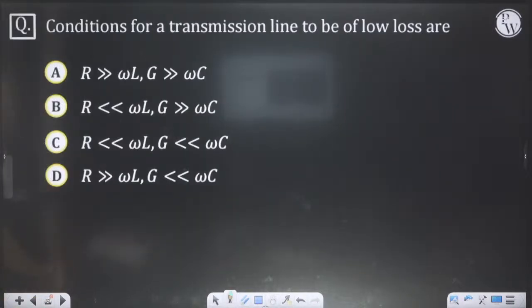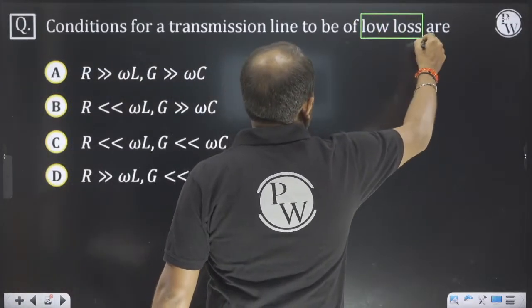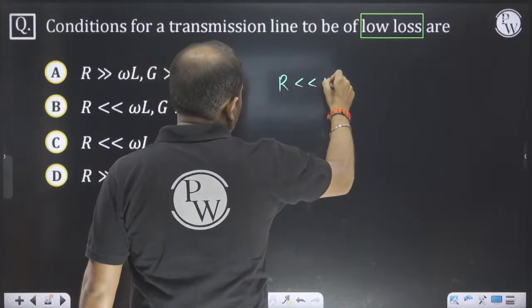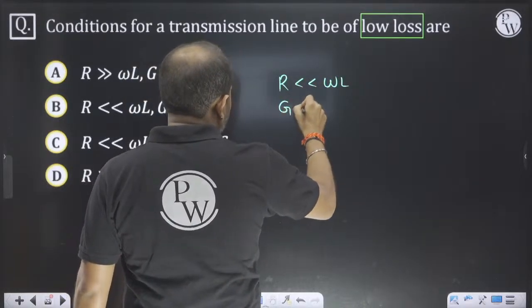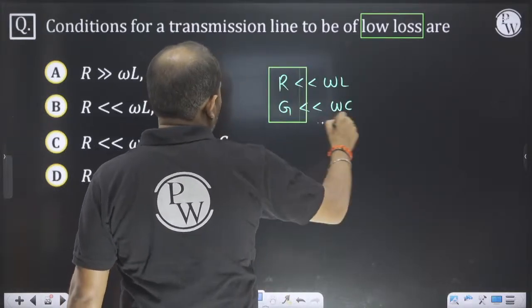In this case, condition for transmission line to be lossless, low loss. In case of low loss, R should be minimum. So R should be less than omega L and G should be less than omega C, because this is the condition for low loss.